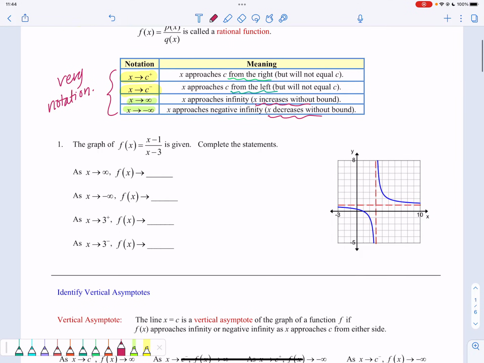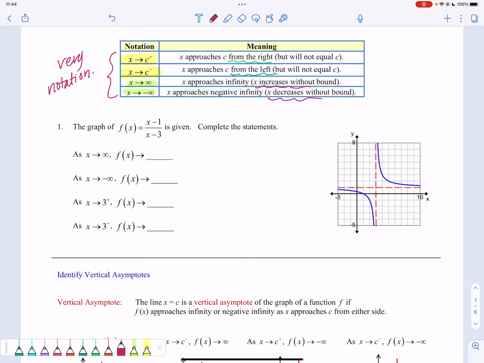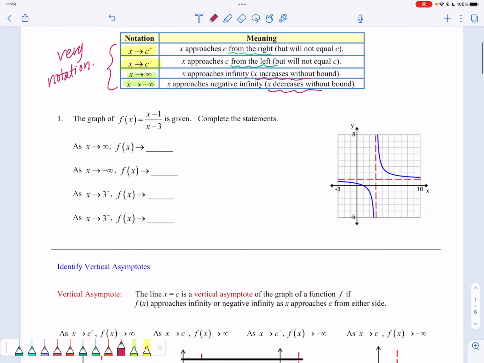Let's complete some statements using this notation. The graph of f of x equals x minus 1 divided by x minus 3 is given. Complete the statements. As x approaches positive infinity, that means if x gets very, very large without bound, it's asking what the y values are doing.